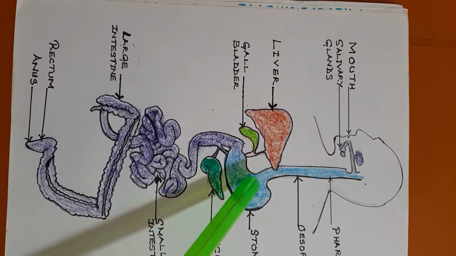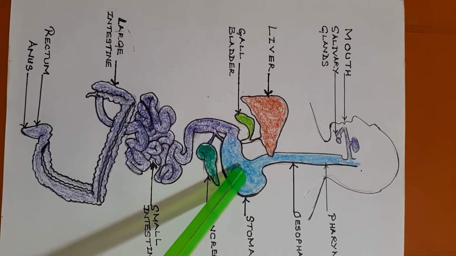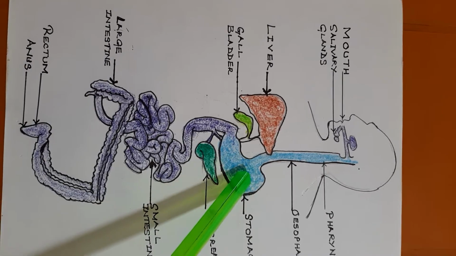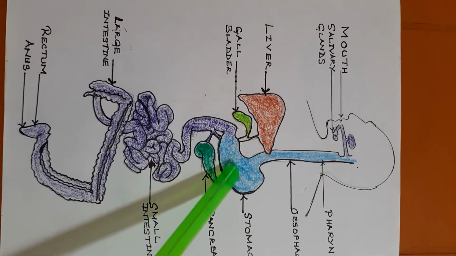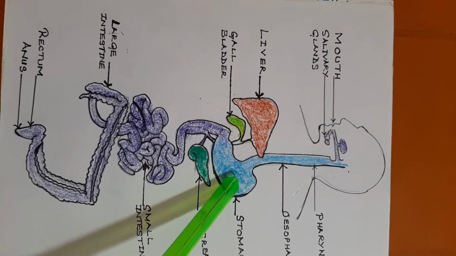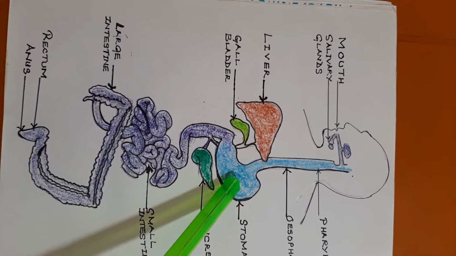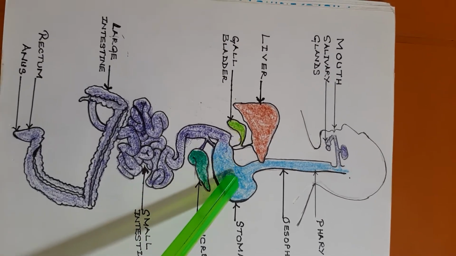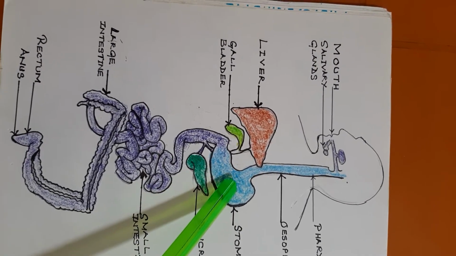The stomach has gastric juice, which is highly acidic due to the presence of hydrochloric acid, all secreted from the lining of the stomach. There is water in the gastric juice, some salts, and an enzyme called pepsin.